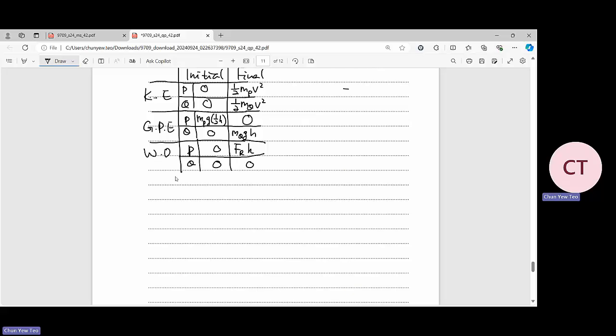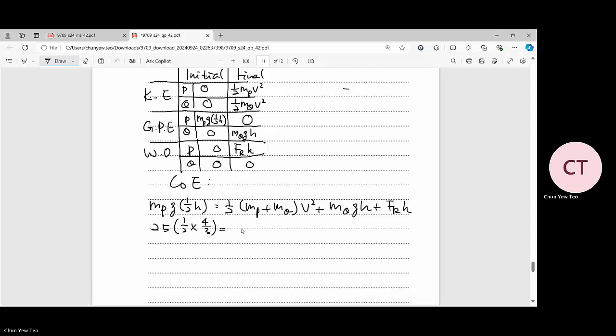So the conservation of energy is m_P g half of the h equals half of (m_P plus m_Q) v squared plus m_Q g h plus F_R h. So m_P is 2.5 times g, 25. Half of the h is 4 over 3. m_P plus m_Q is 3. v squared we do not know. m_Q times g is 5. Then this h is 4 over 3.